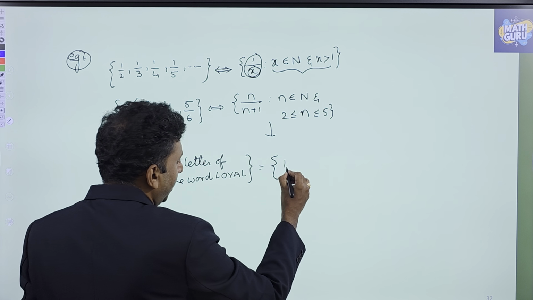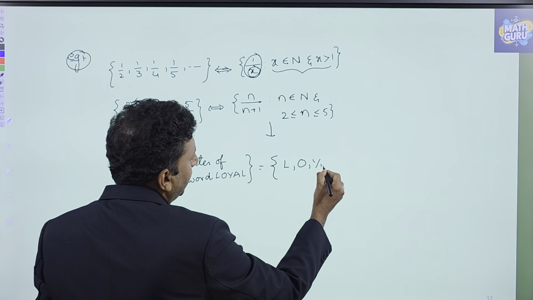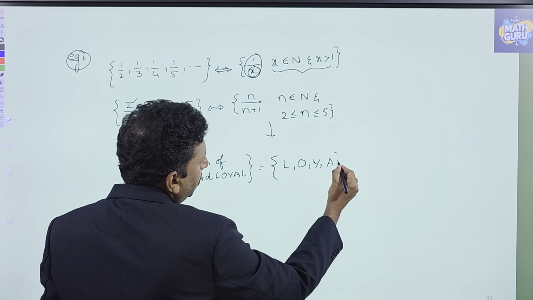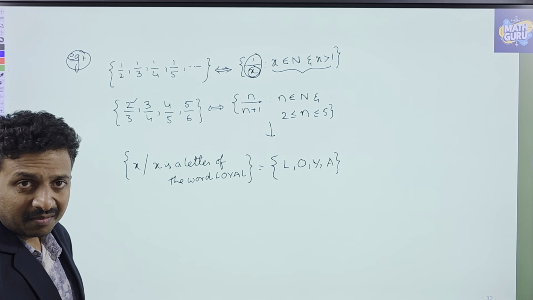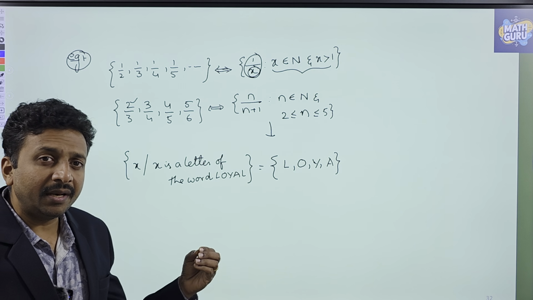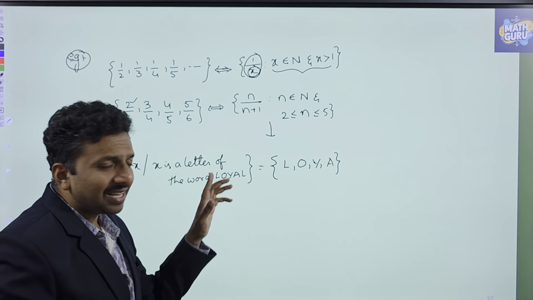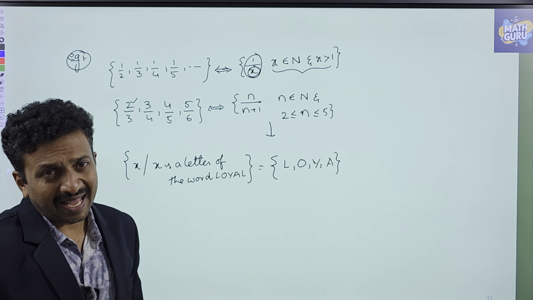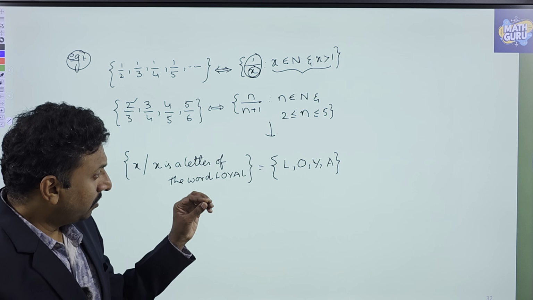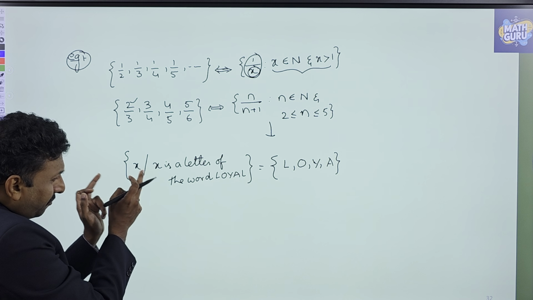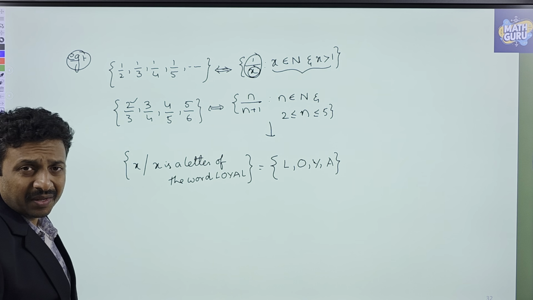Obviously L belongs to loyal, O, Y, A. So you don't need to write the next L, because when you write an element in roster form, you have to write it only once. So this L and this L are indistinguishable. So there are only 4 letters that belong to the word loyal.